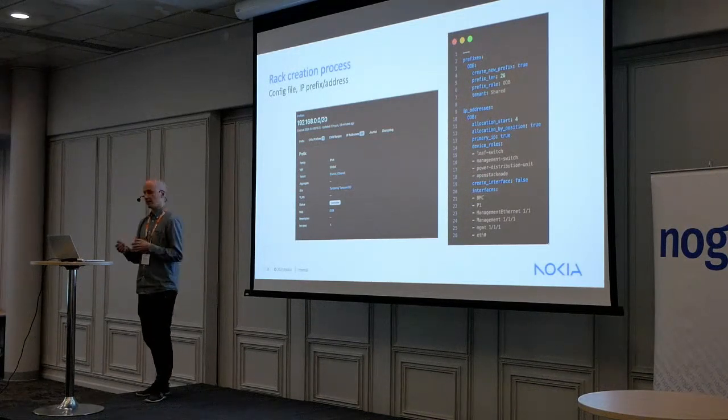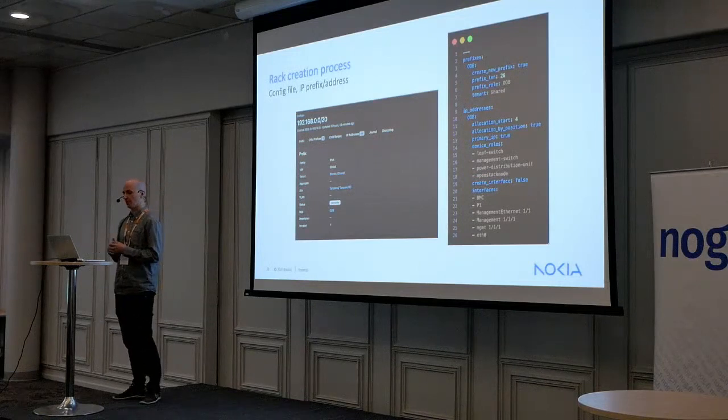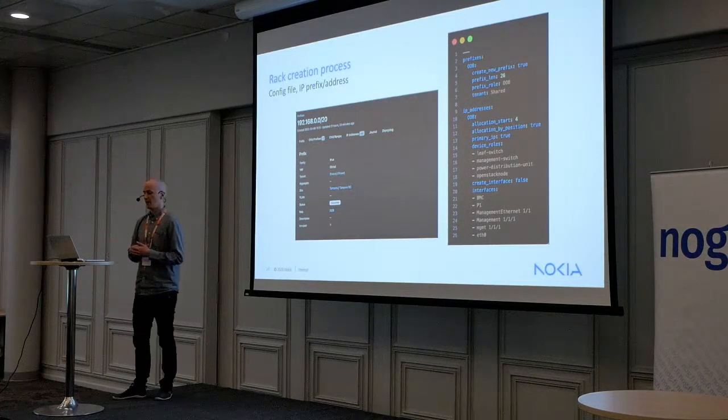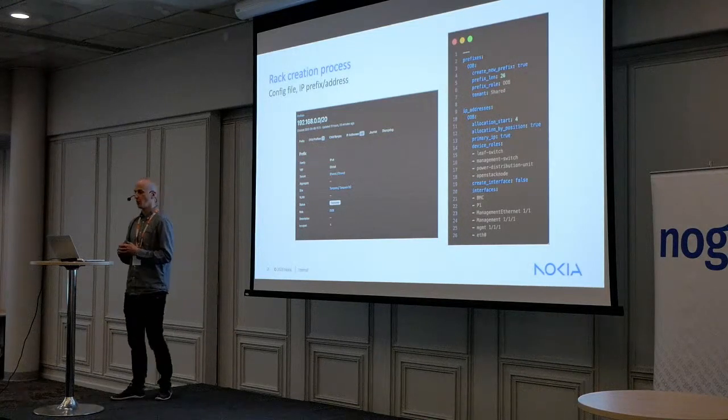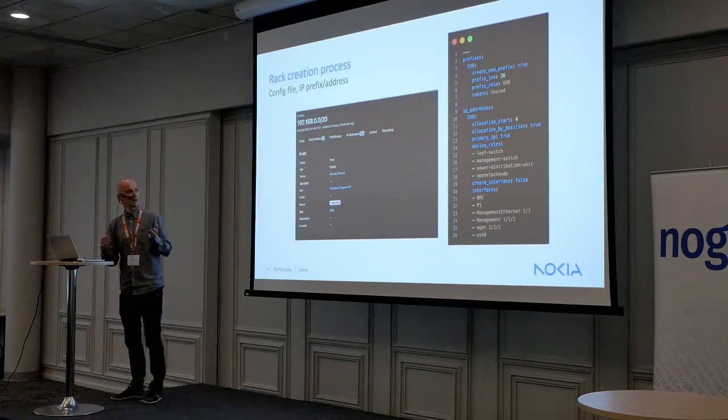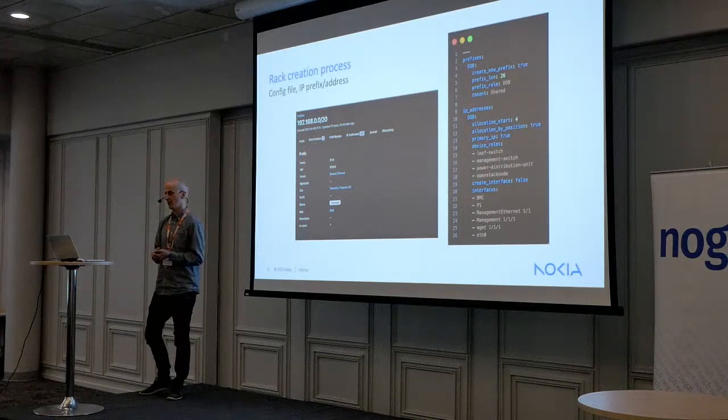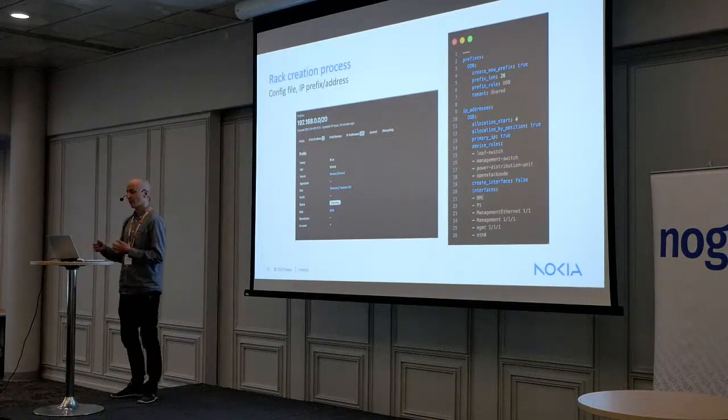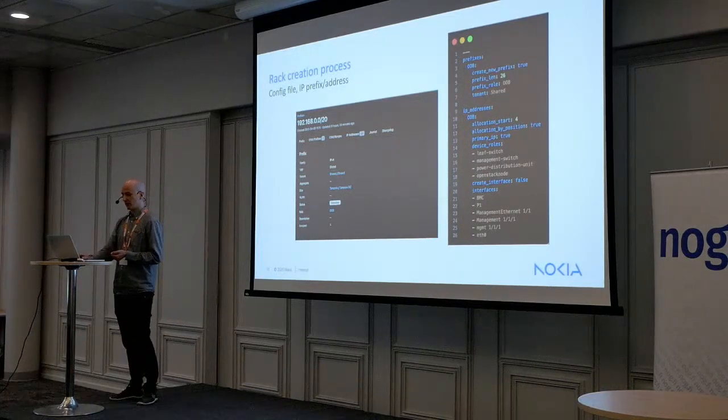And then we allocate the IP addresses from that allocated prefix. And the allocation is done in this case based on the U location in the rack. So this is a bit simplified example from what we have in production, but the logic is basically the same.